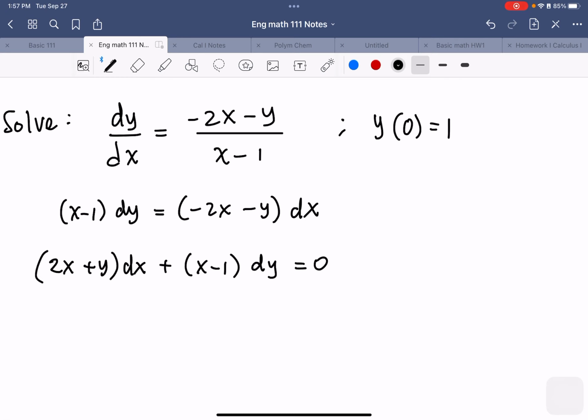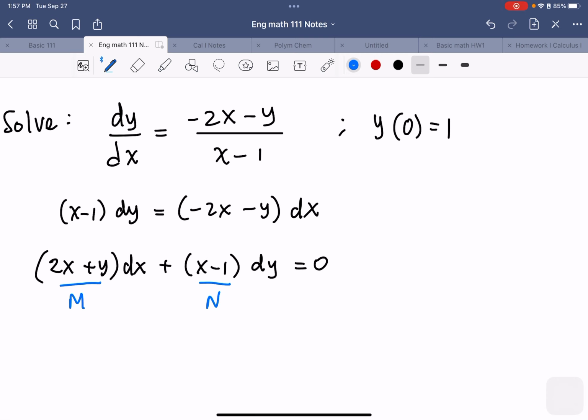But let's say we try this, and I think this will be exact. You can see this 2x plus y and x minus 1. If we partially differentiate with respect to y and x, this will be equal to 1. Y is 1, right? X is 1. Okay, so we can check the exactness first. And take note that this is M, right?